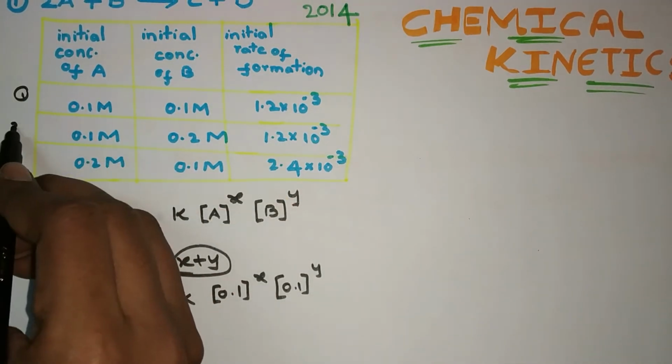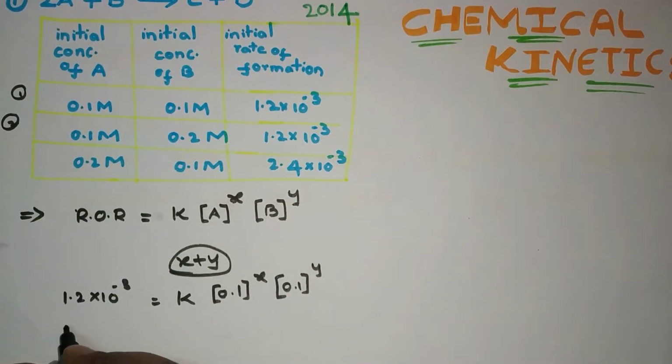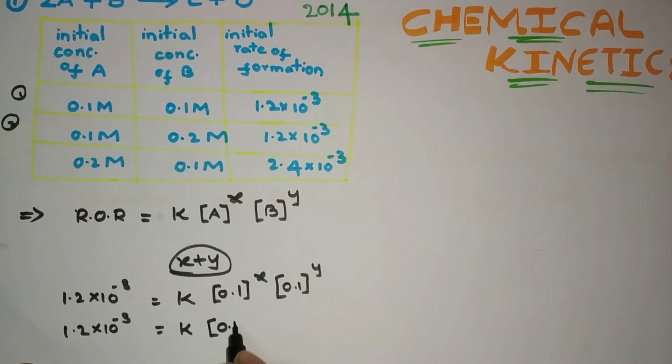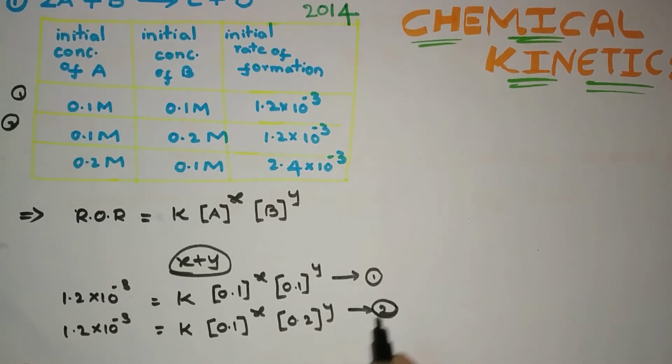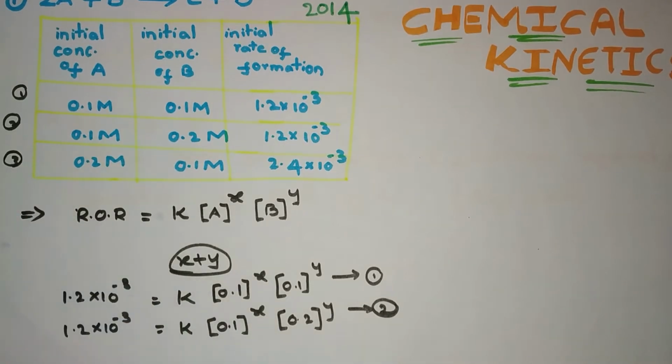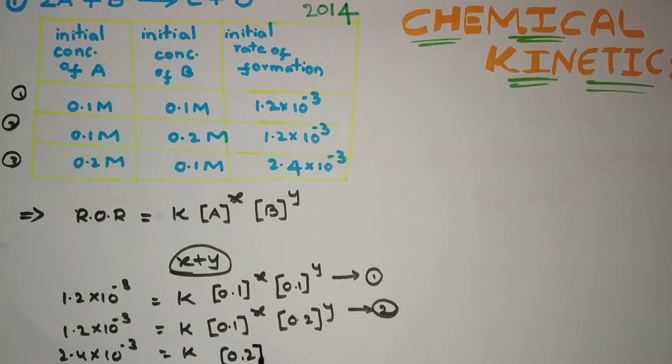This is first and this is second. 1.2 into 10 to the power minus 3 is equal to K into 0.1 to the power x, 0.2 to the power y. This is the first one. This is the second one. And write the third one also. 2.4 into 10 to the power minus 3 is equal to K into... Okay. This is the third one.